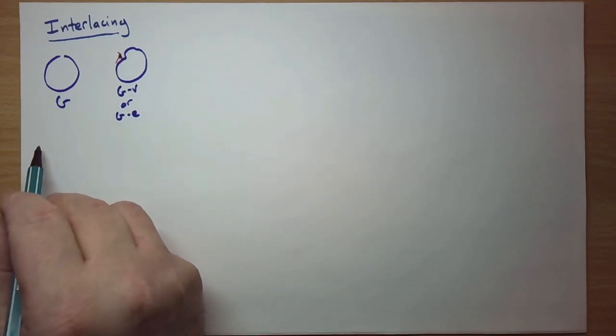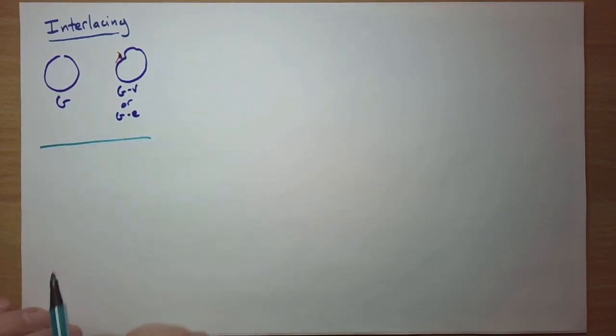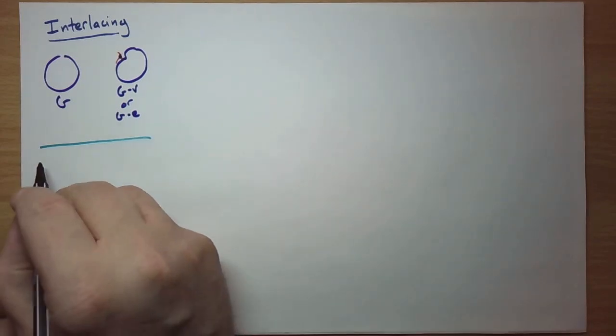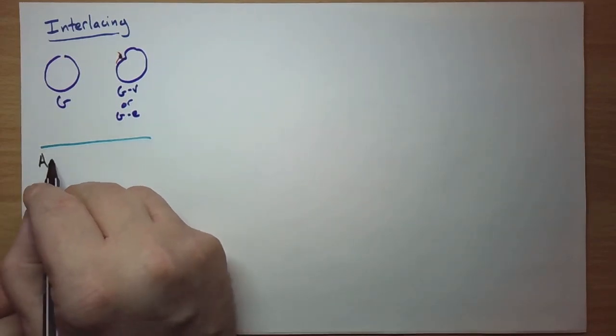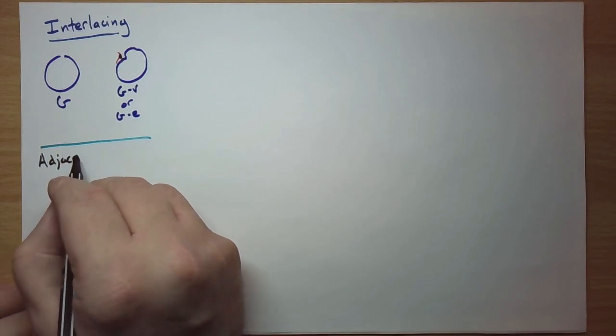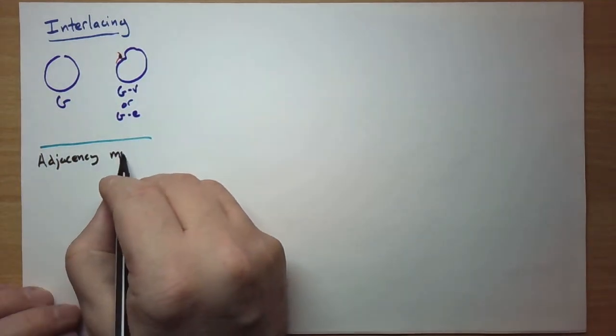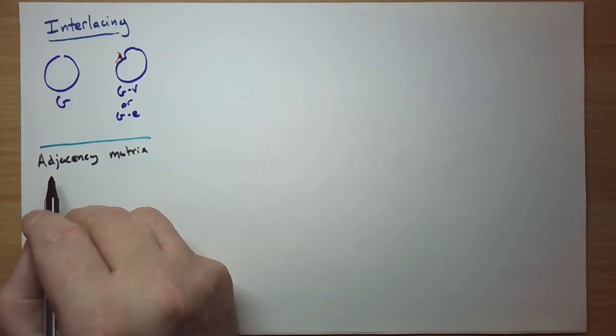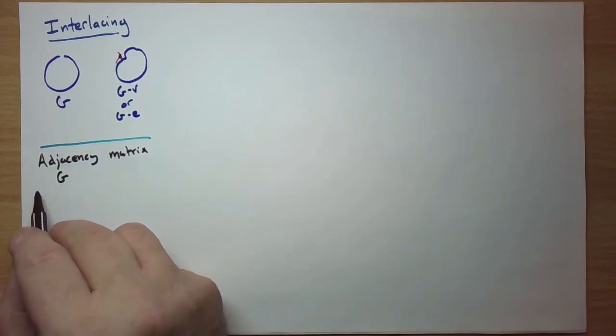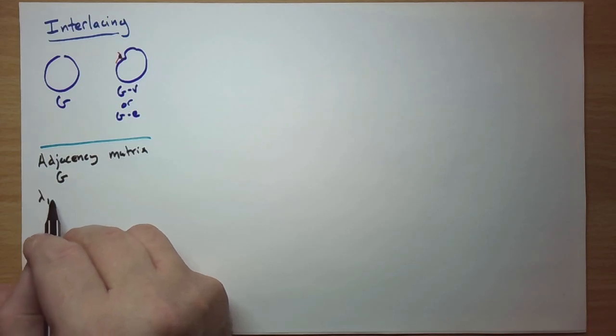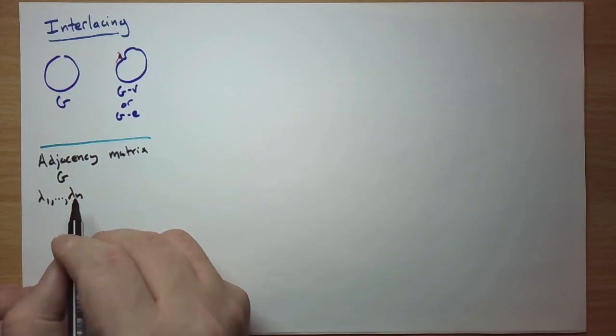And there's different matrices, and different matrices have different properties. And so let's talk about some of our favorites. And so we'll start with the adjacency matrix. And for the adjacency matrix, we'll compare our graph G, which will have eigenvalues lambda 1 up to lambda n.